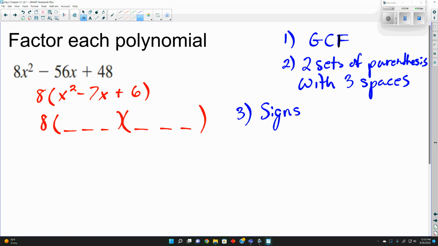Now that brings us to our third step, which is signs. Because in each one of these parentheses, there's going to be a sign in the middle. It's either going to be positive or negative.